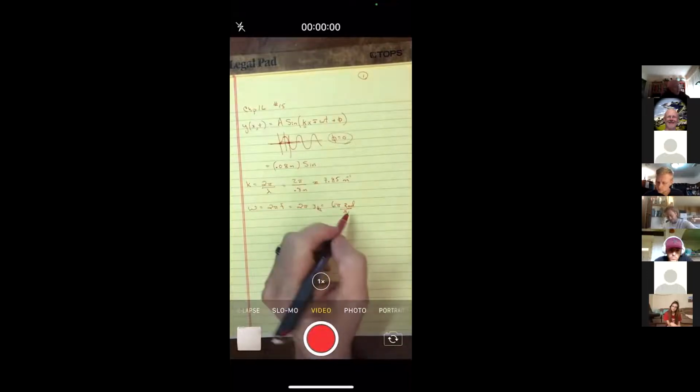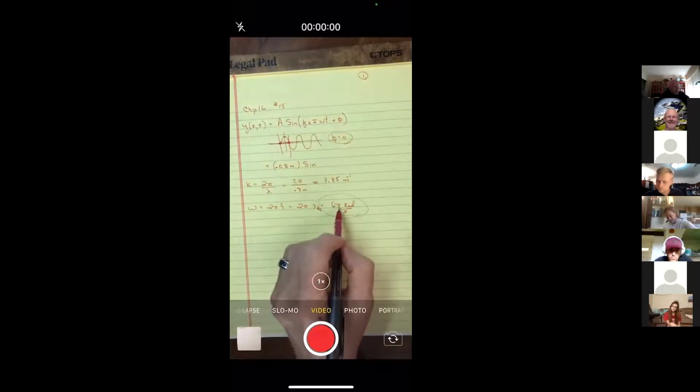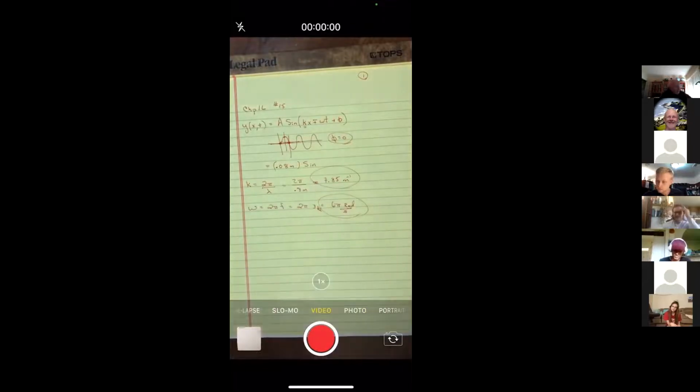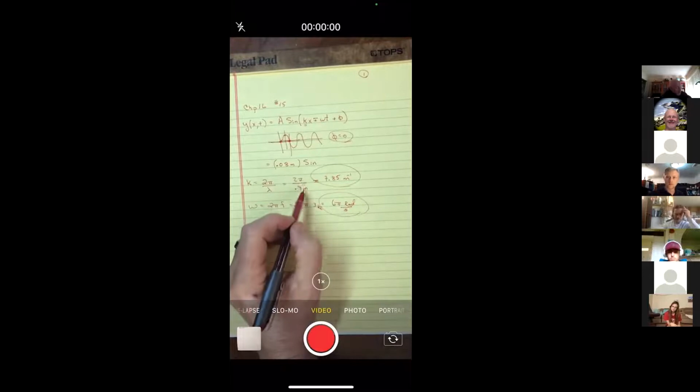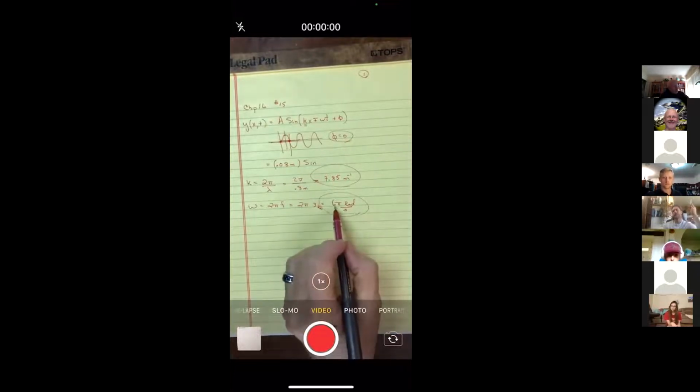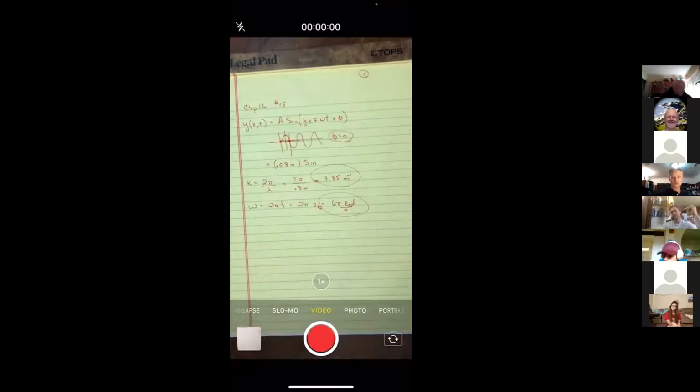We could even make it a decimal, 6 times 3.1415, but let me just leave it with a pi in there. Makes me think I should have left the pi in k, but then I would have a decimal and a pi, and that always bothers me. If I'm going to go to a decimal, everything's a decimal, including pi. But if I have some integer number, I'll do an integer pi. That's just my go-to practice. We'll see what the answer does. So there's the omega.